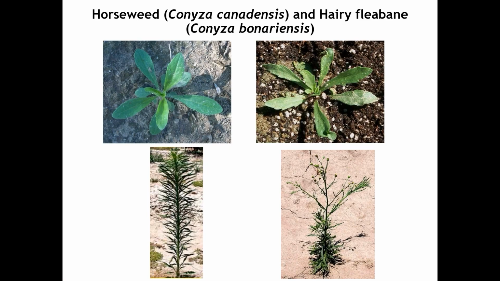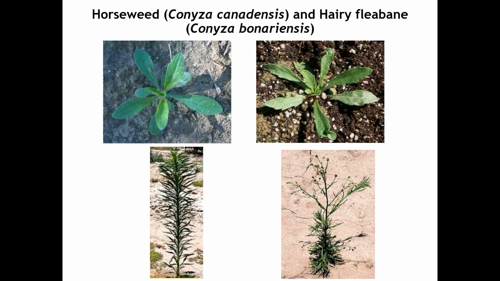Then we have two other species that people always confuse, the horseweed and hairy fleabane. We confuse them especially at the seedling stage. One or two features that I'm going to mention here are the leaf shapes.